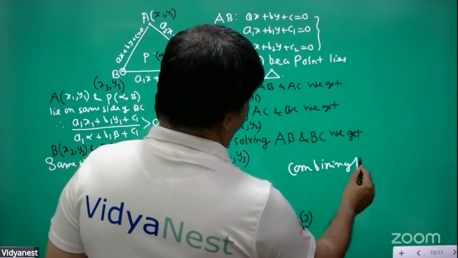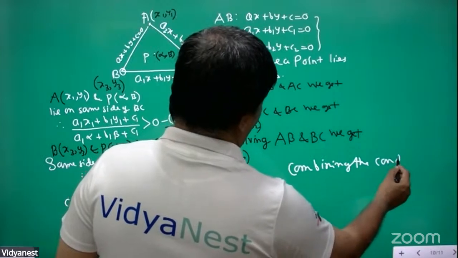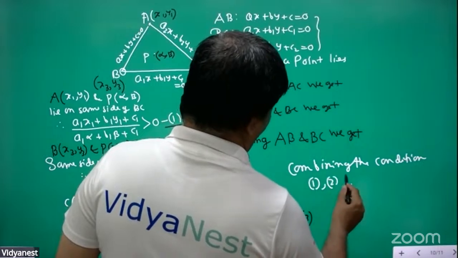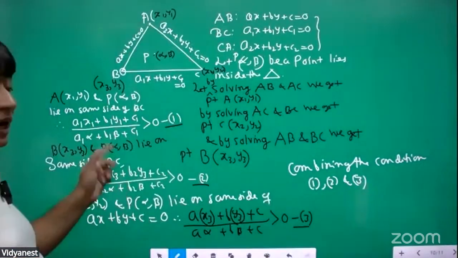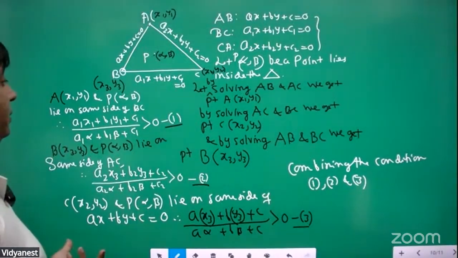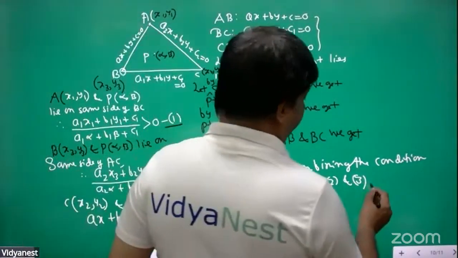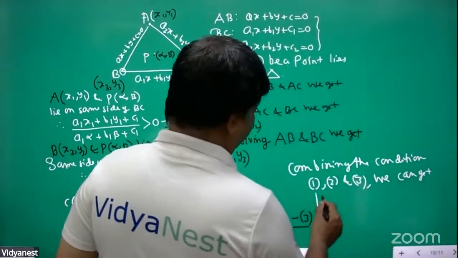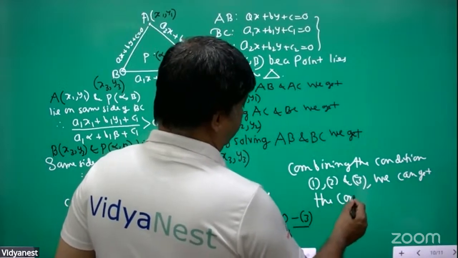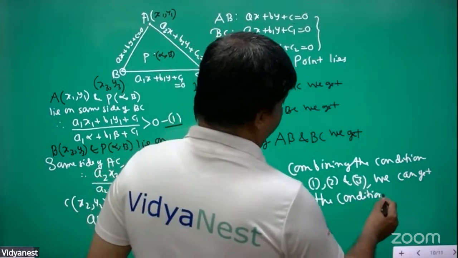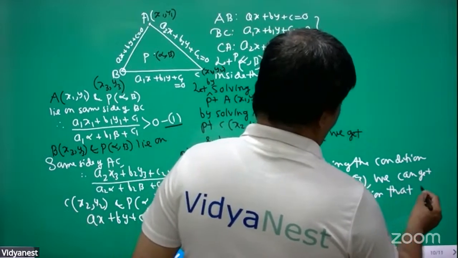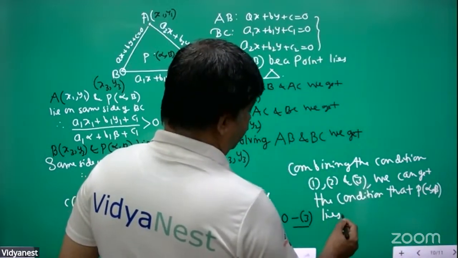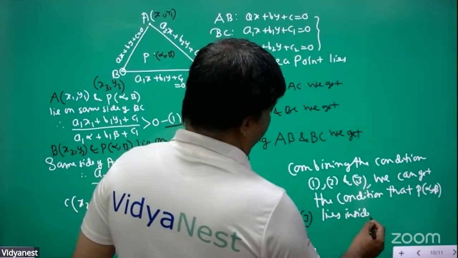Combining the conditions 1, 2, and 3, we can get the condition that P (alpha, beta) lies inside the triangle.